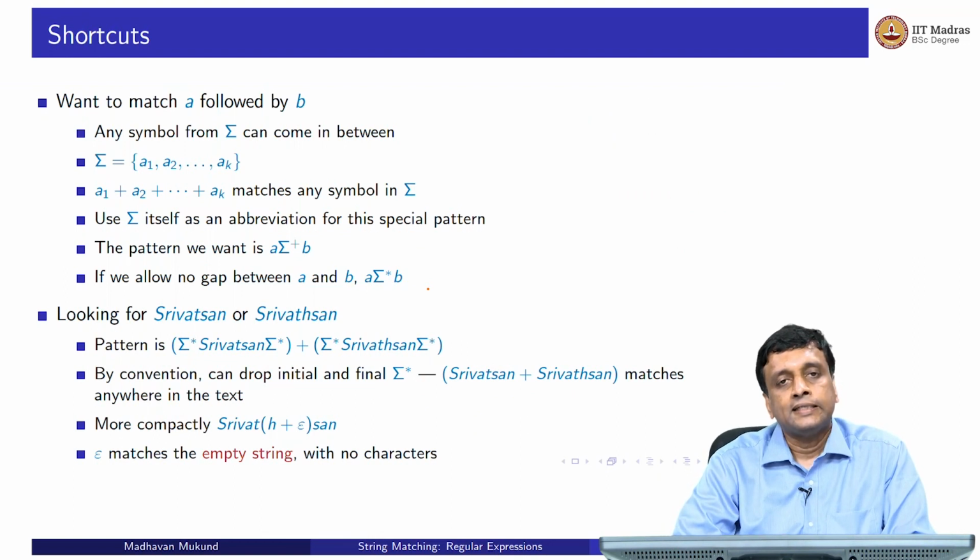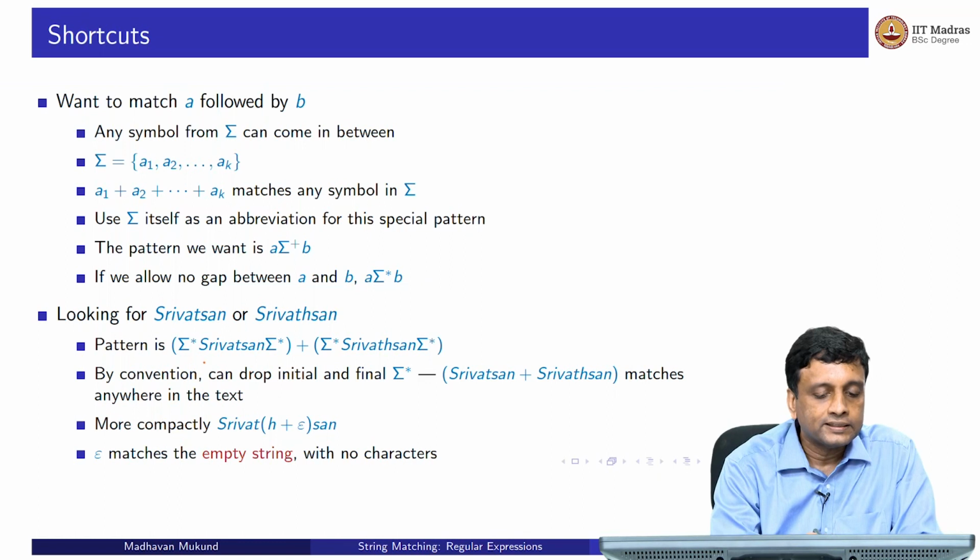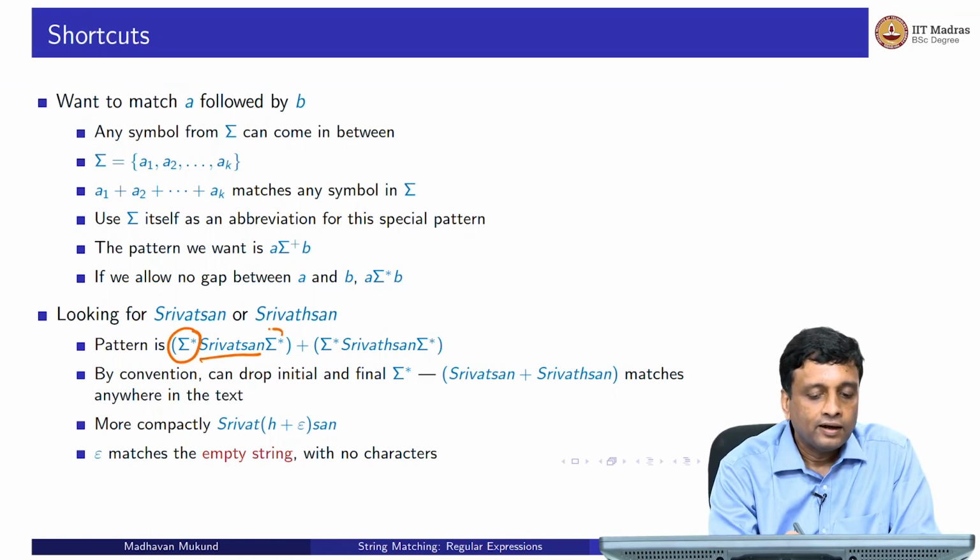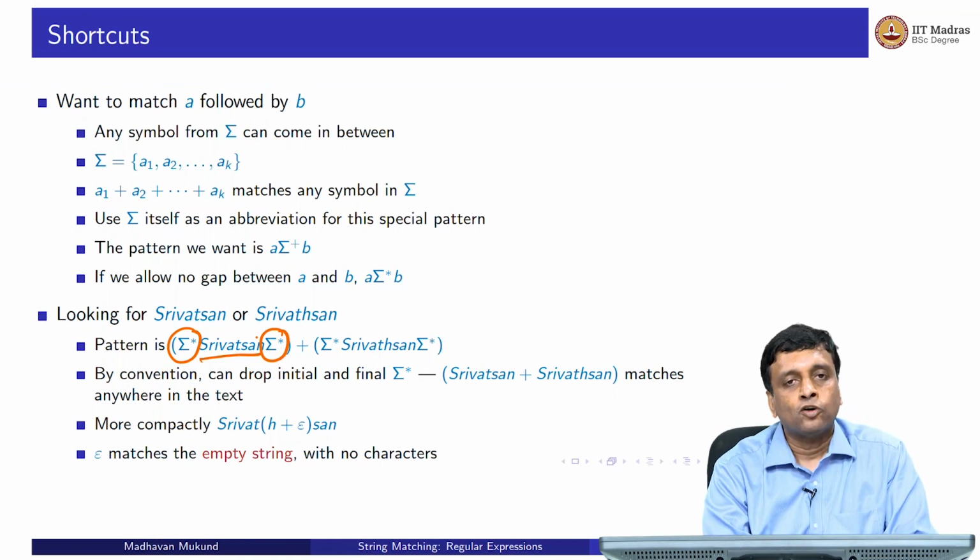So let's go back to that earlier example looking for Srivatsan or Srivatsan. Now supposing I don't care where it occurs in my text, then I will say that Srivatsan can be preceded by 0 or more letters from my alphabet, followed by 0 or more letters from the alphabet.